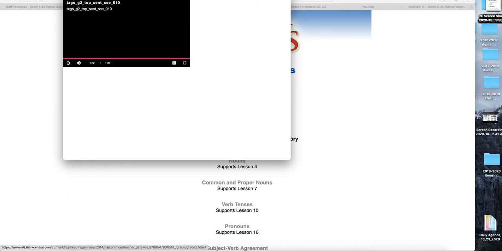We can use an exclamation point, which is the line with the dot underneath it, for both of those things. Or sometimes with a command, we just put a period at the end. Like when I say, line up at the door, period. That just has a period at the end. But if I say, hurry up and line up at the door, then I would use an exclamation point because I'm showing a lot of feeling or excitement, okay?